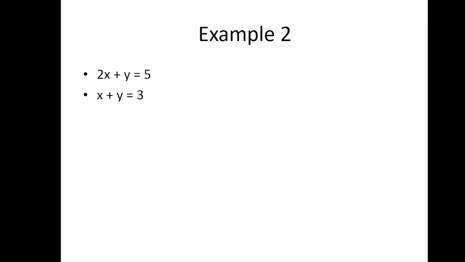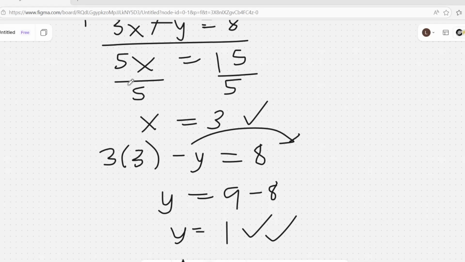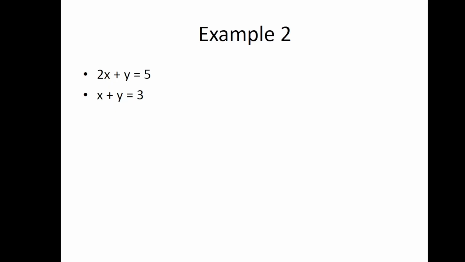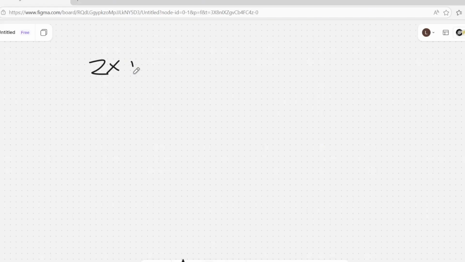So for example number 2, we can try to solve this one again. I'll write it on the screen. So 2x plus y equals 5, and the other equation is x plus y equals 3.